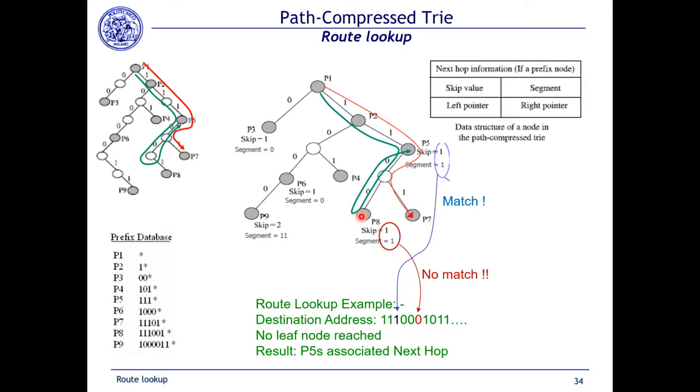And as in a normal search on a binary trie, we have to backtrack to the last gray node that was encountered. So in this case, P5. Okay. So the final result is P5, and is the same that you obtain here in the uncompressed tree. But in the uncompressed tree, the path that you have to travel in order to reach the point of return, let's say, is longer than in the compressed tree.